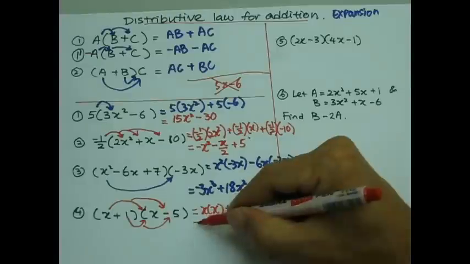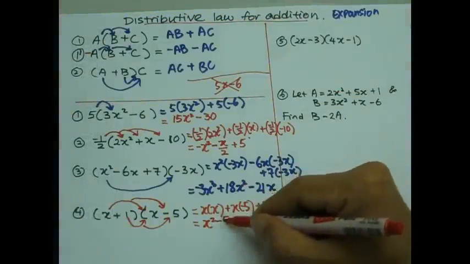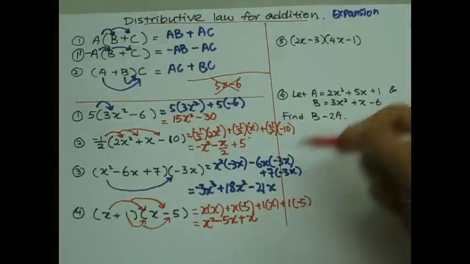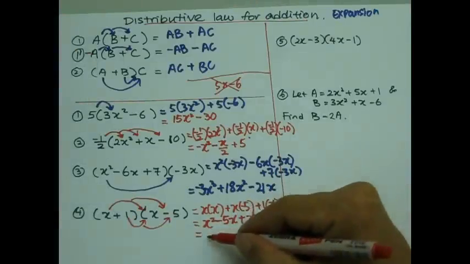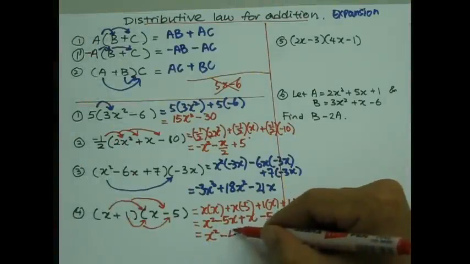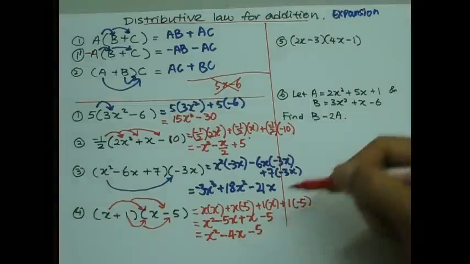So I will have x squared minus 5x plus x, and then minus 5. Simplifying this means I get x squared minus 4x minus 5.